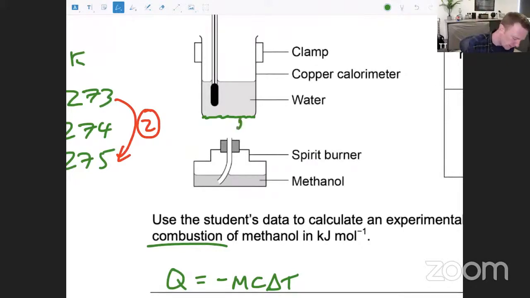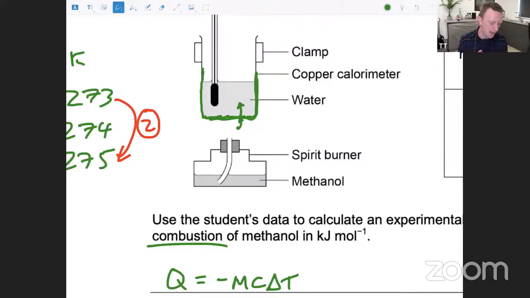And of course, a lot of that heat energy is transferred into the water, but this is going to absorb some heat energy and get hot first and then stay hot. So there's a good proportion of that energy that stays within the copper calorimeter and doesn't get transferred into the water, okay? It's like if you stop the spirit burner, your copper calorimeter is still going to be hot. So that heat energy isn't in the water, is it? That's what that means, okay?